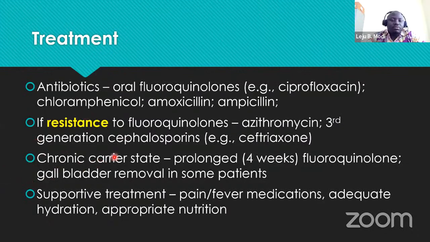Otherwise, apart from the antibiotics, patients will also need supportive treatment, such as pain or fever medications, adequate hydration, and then nutrition that is appropriate really to help them pick up and maybe overcome the typhoid infection.